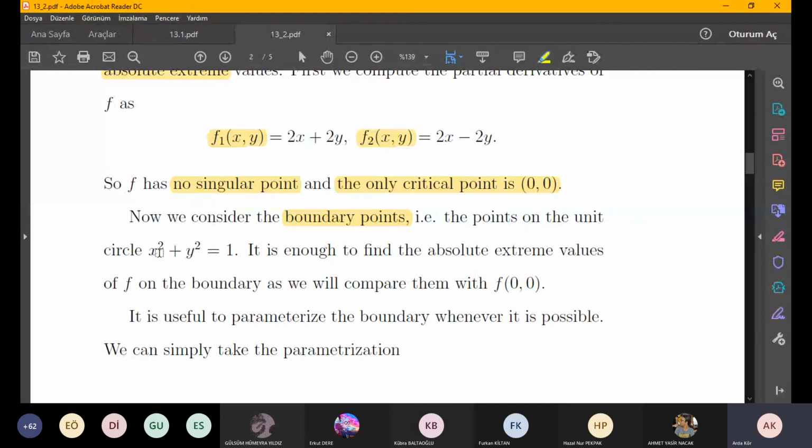So the boundary of the unit disk is the unit circle, which is x squared plus y squared equals 1.